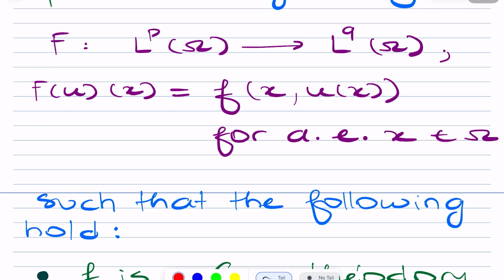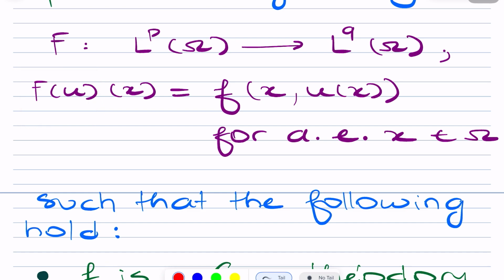Because in fact, f being a Caratheodory function only ensures that the Nemytskii operator, or the superposition operator, applied to an element u in L^p of omega is measurable. So we also need capital F of u to be q-integrable, because this should be in L^q.